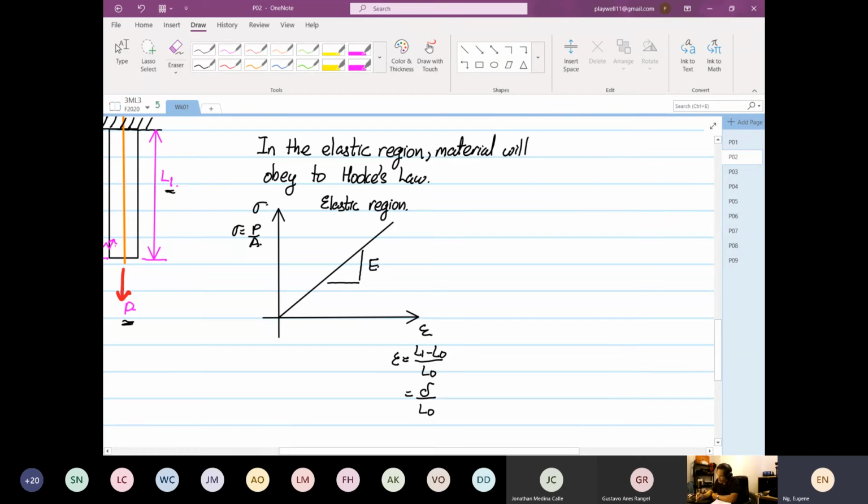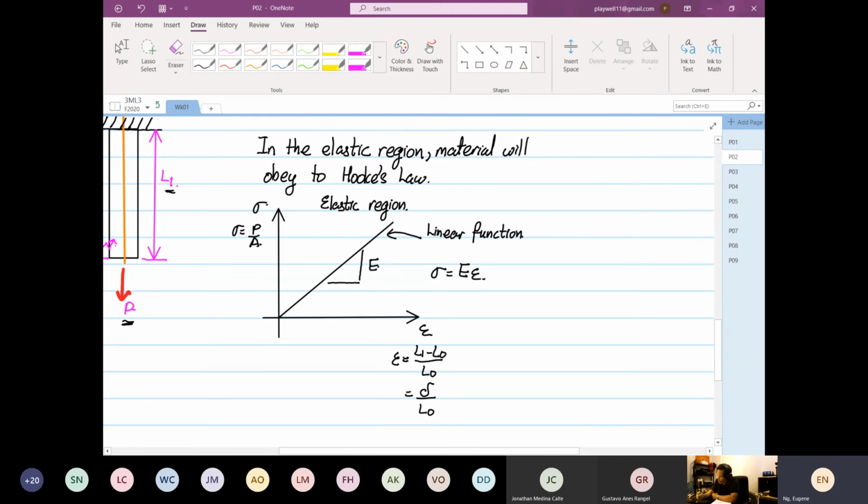And if you look at this straight line, it is a linear function. This linear function states that stress is equal to Young's modulus multiplied by epsilon.